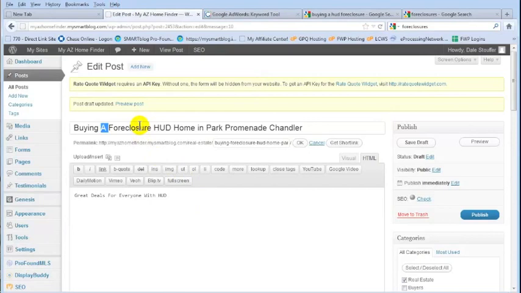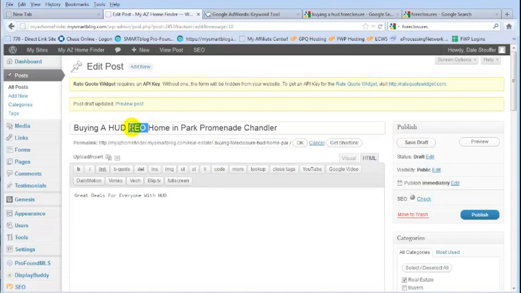Maybe I write my next article in a couple of weeks about buying a HUD REO home in Park Promenade Chandler or something like that. And you'd ask, how can I get away with writing something like that as well? Now I'm going to explain what an REO is, or foreclosure and REO.